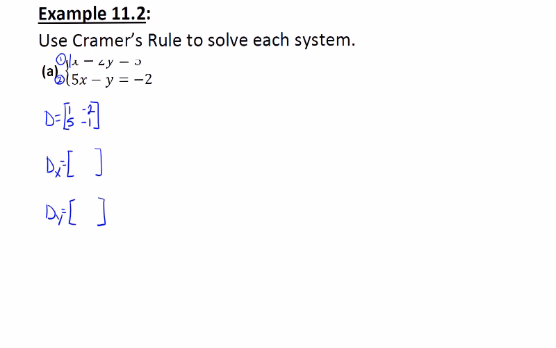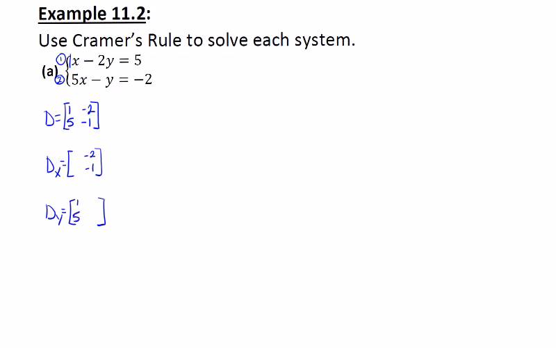Use matrix D to help you create matrix Dx and Dy. Matrix Dx is supposed to look just like matrix D, except you're going to omit the x column. Matrix Dy is supposed to also look like D, except you omit the y column, so we just copy down the 1 and 5 for the x column.